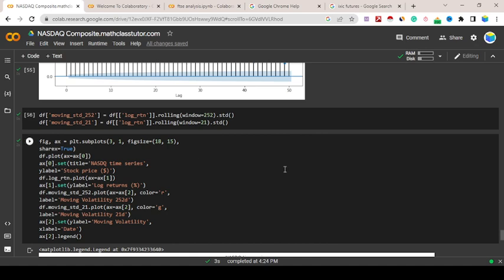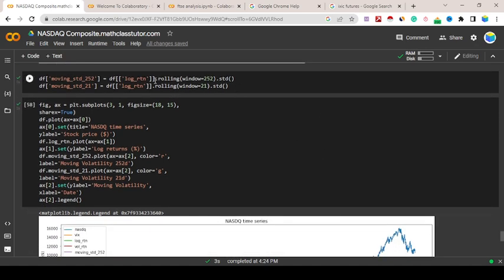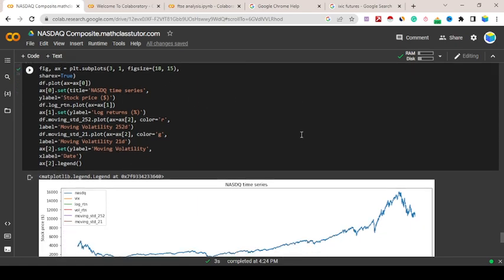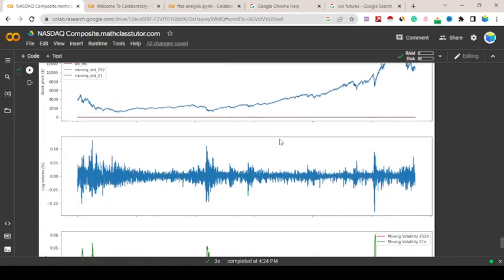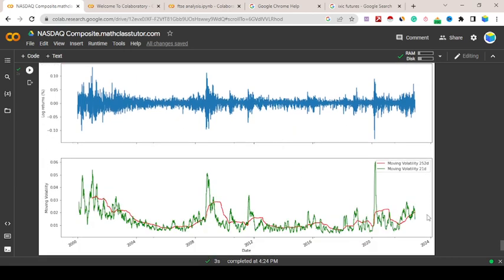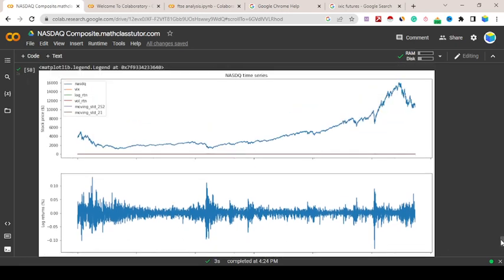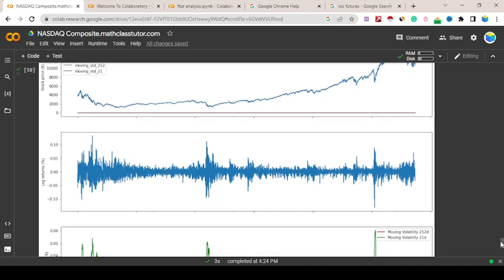The rolling window we have taken is 252 days, and here the window is 21 days. So now we compare both of the prices, and we can easily understand where it is going. So yes, we need to be very cautious soon, because the market is going downward. This is the better way to understand this market very deeply.